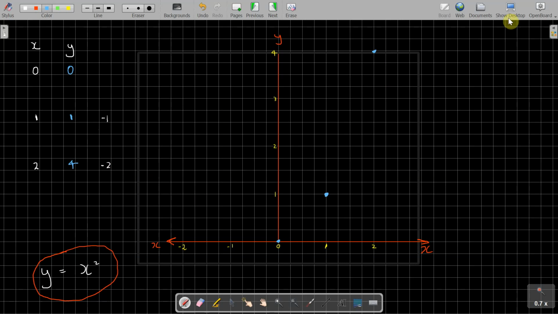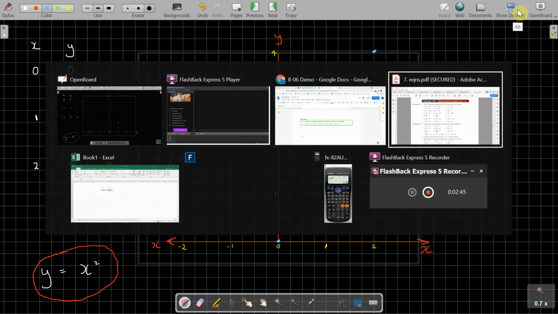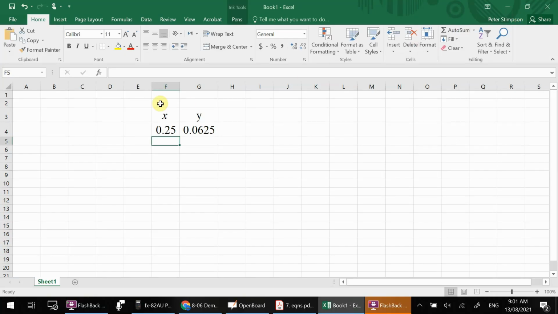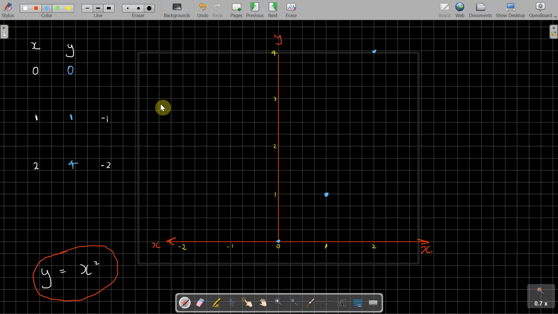Let's go to the other side just to help us with -1. I've got a little ready reckoner to work out what -1 squared is. Equals 1, because -1 times -1 is 1. So with -1, the answer is also 1. -1, 1.